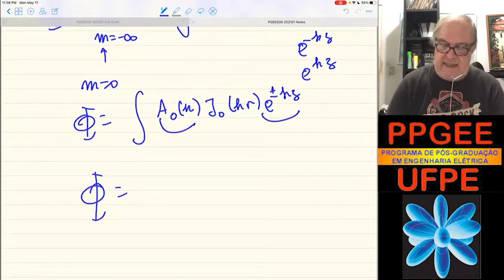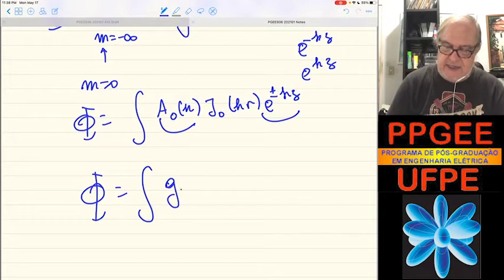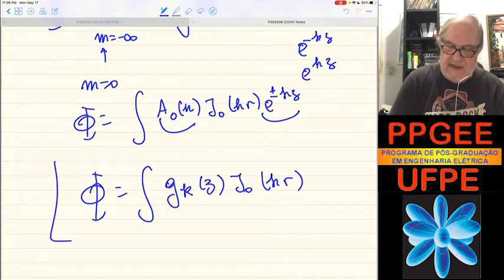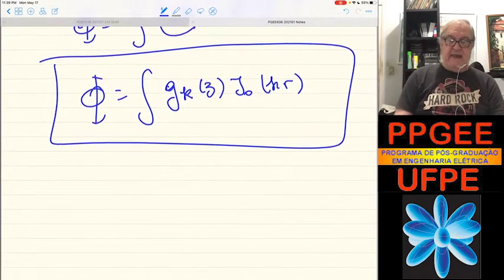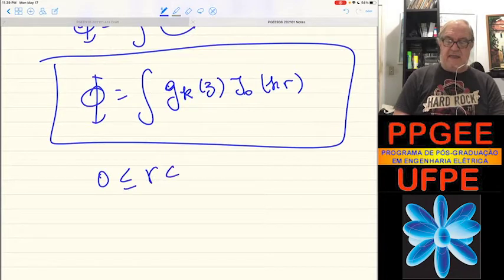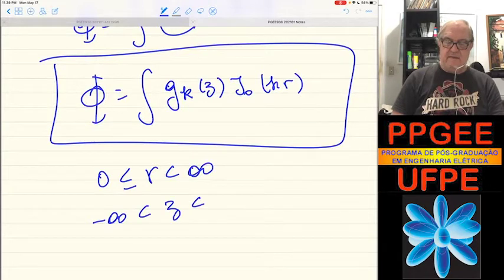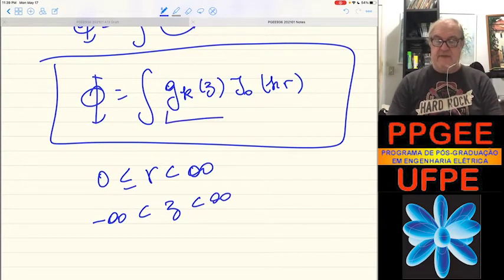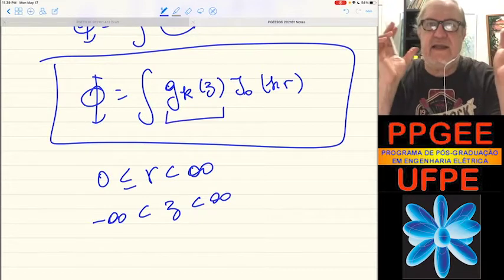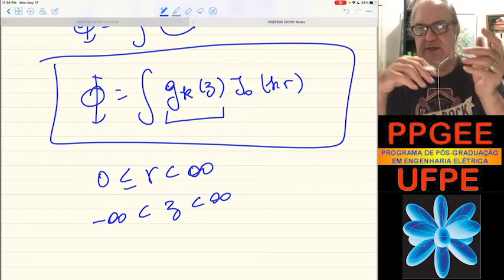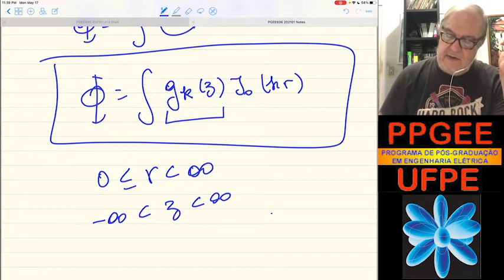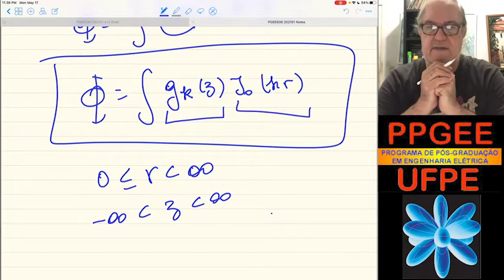You can combine those two things in a function of z, g_k of z, times J_0 of kr. When you have an unlimited region, where the domain is 0 smaller than r smaller than infinity, and z also covers the whole domain, you have to use a combination of positive and negative exponentials. In one domain you might not have the positive or the negative exponential, in the other you can. And only the J_0 function appears, okay?